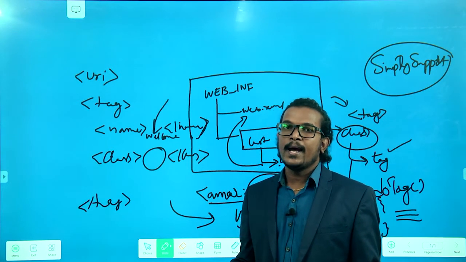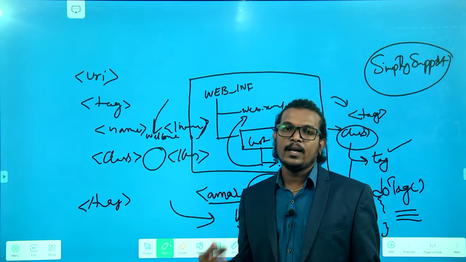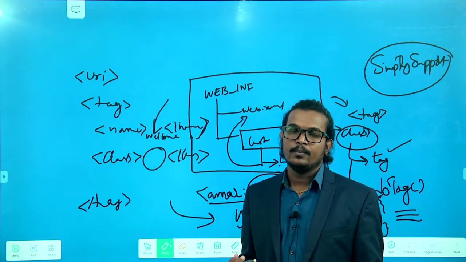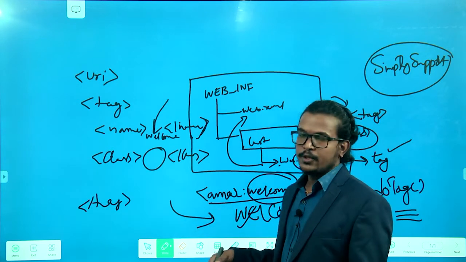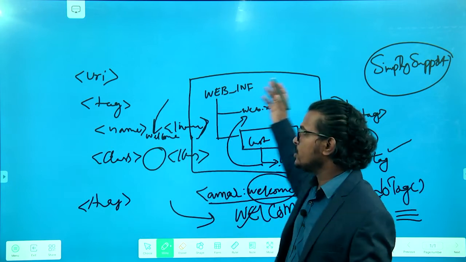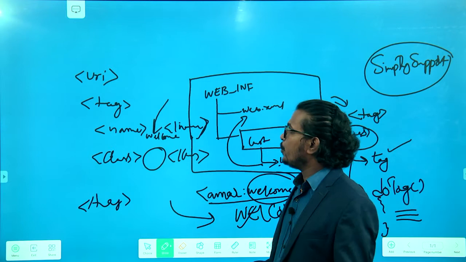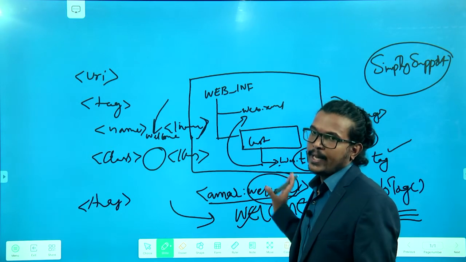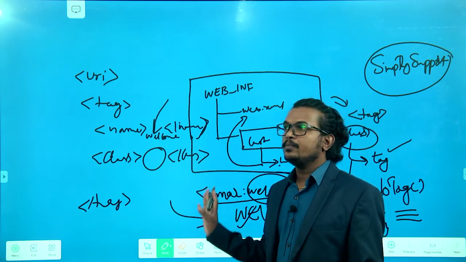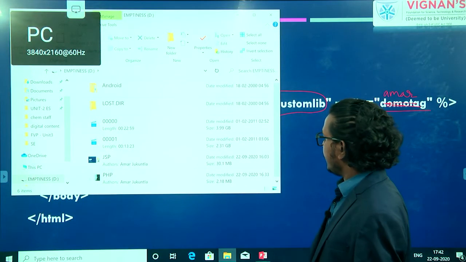After that you right click on your file and execute it, and you will get your output in your browser. That is about the custom tags.